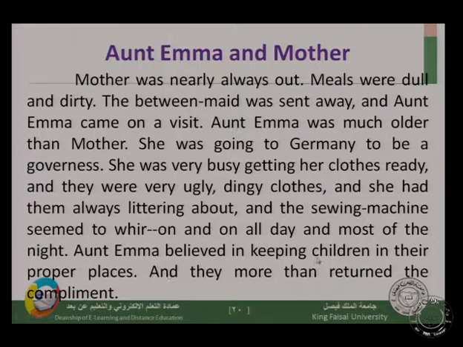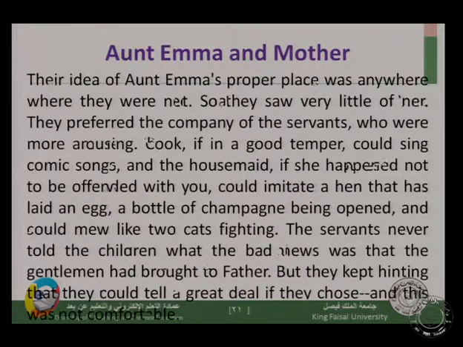Aunt Emma believed in keeping children in their proper places. Children are children and grown-up people are grown-up people. And the children treated her in the same way. The idea of Aunt Emma's proper place was anywhere where they were not. They didn't like to talk to her or to deal with her, so they saw very little of her. They preferred the company of the servants, who were more amusing. Imagine, Aunt Emma is different from mother, right?